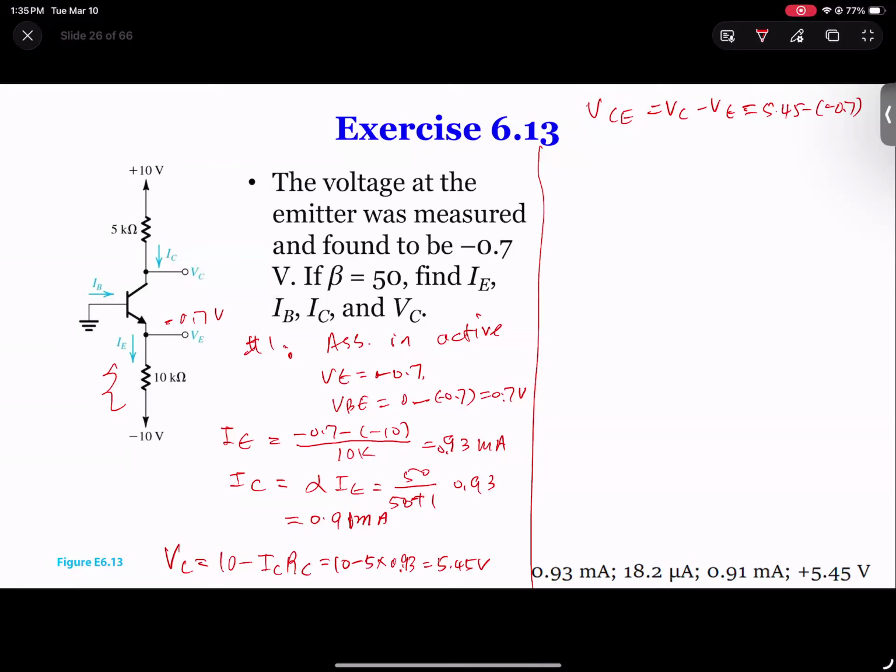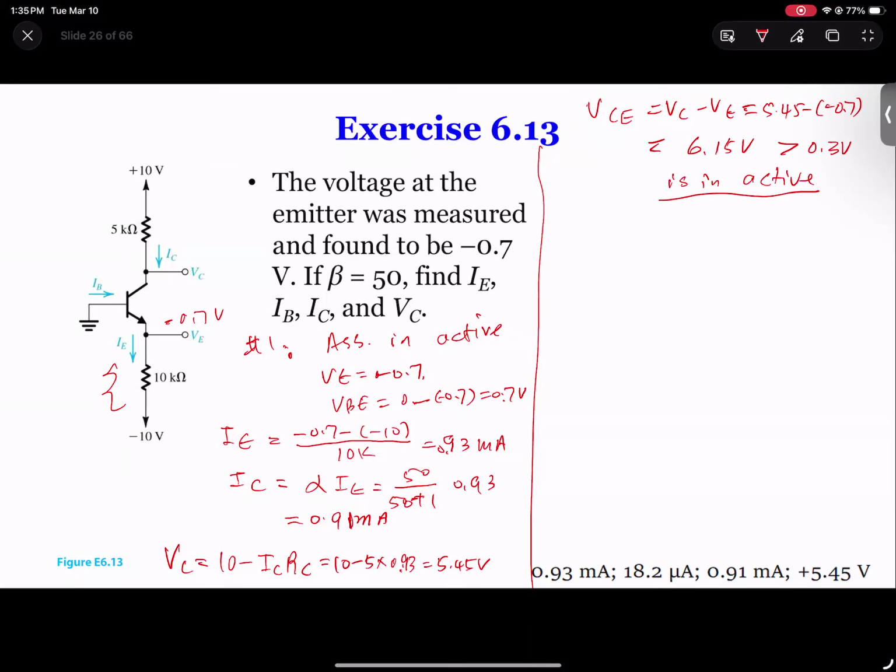VE is minus 0.7, okay? So you got that correct. So now you got 6.15 volts. This is apparently larger than 0.3 volt. So it is inactive.